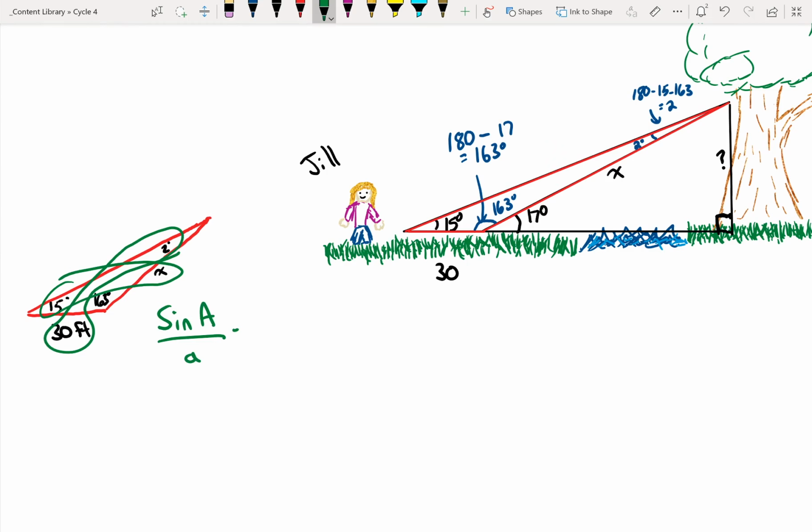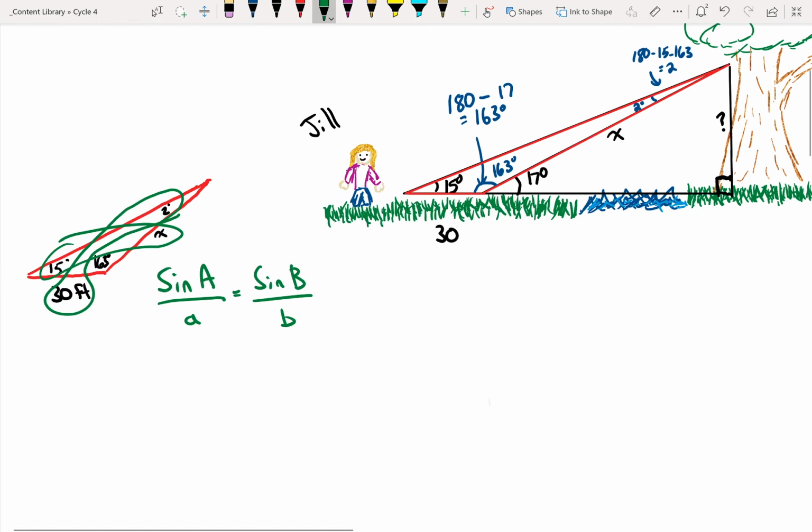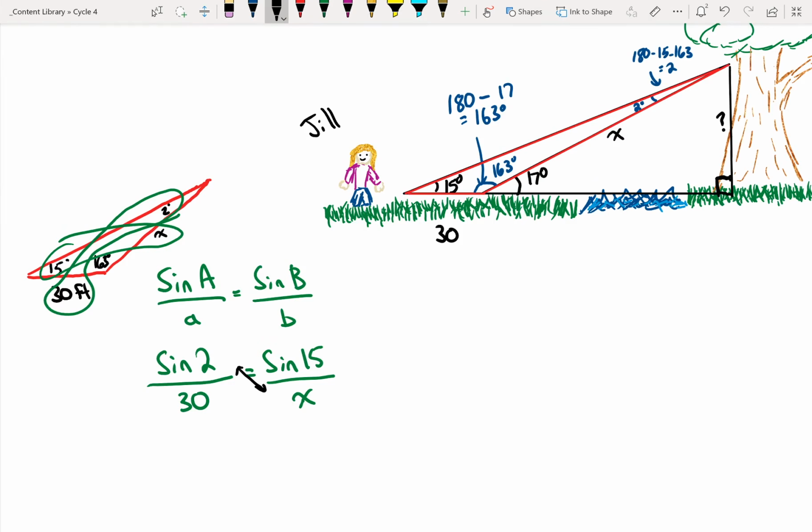So sine A over little a equals sine B over little b. Sine A, I know, is my known angle, so we'll say 2, divided by its side, which is 30. Sine B is 15, and I don't know the other side, so I'm going to leave it as x. With our sine law, if you're not sure how to solve this, remember, go back to the sine law note, but the first step that we have to do is cross multiply.